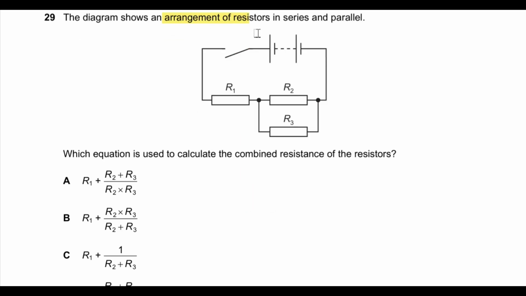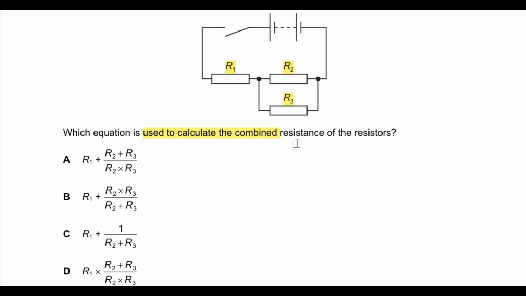Question 29 says the diagram shows the arrangement of resistors in series and parallel. R1 is in series with R2 and R3 which are parallel. Which equation is used to calculate the combined resistance of the resistors? As you know, R2 and R3 are in parallel, so their combined resistance can be calculated by the formula R2 times R3 divided by R2 plus R3.